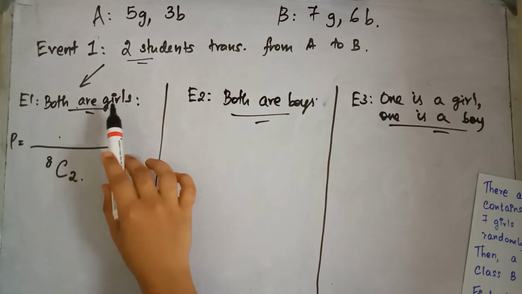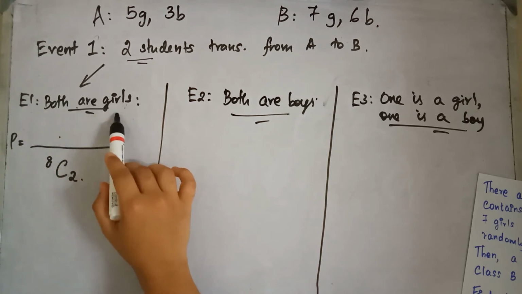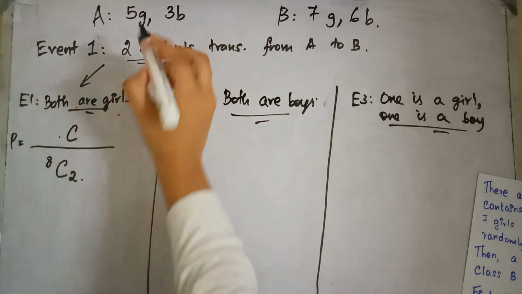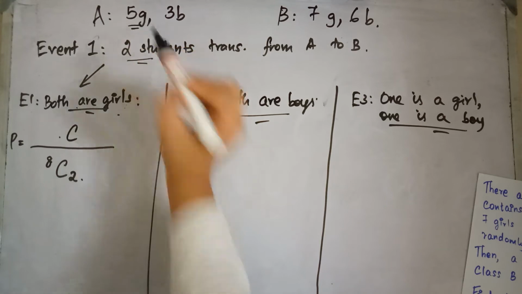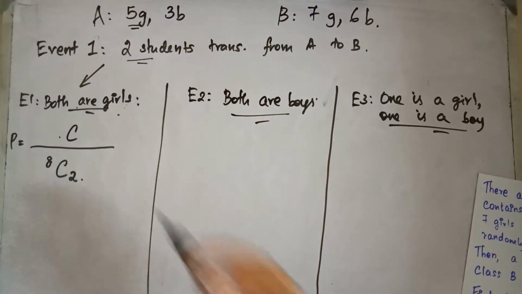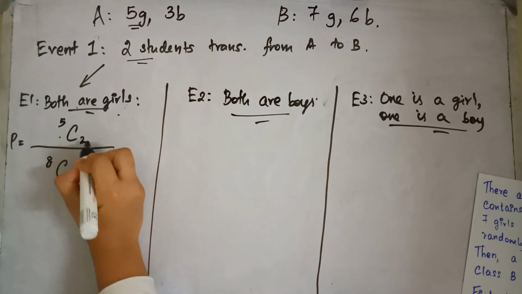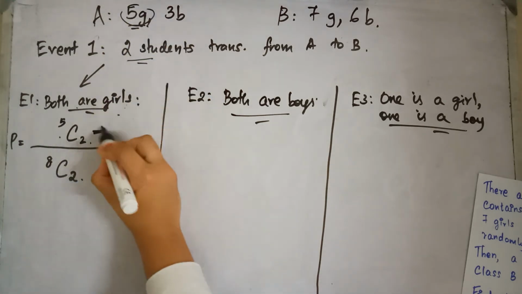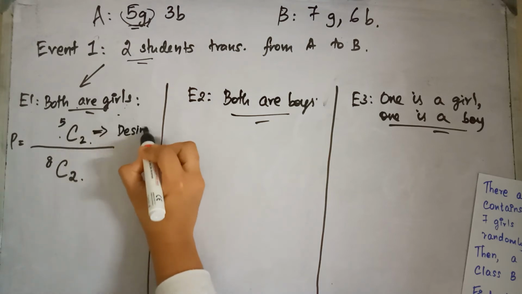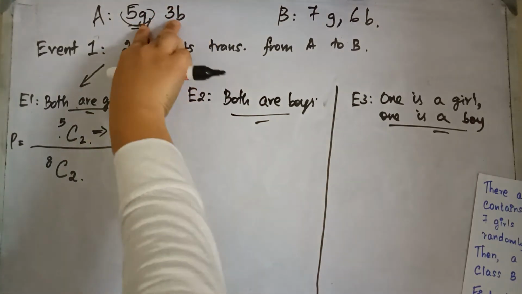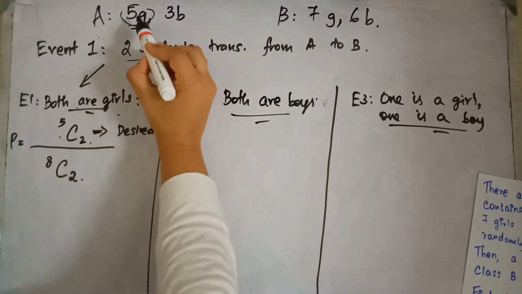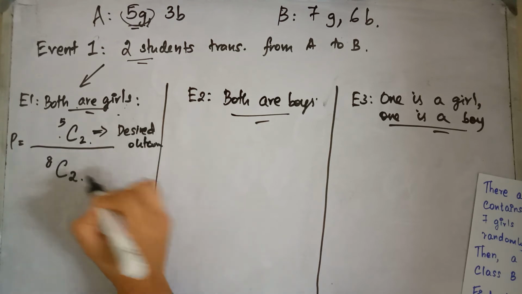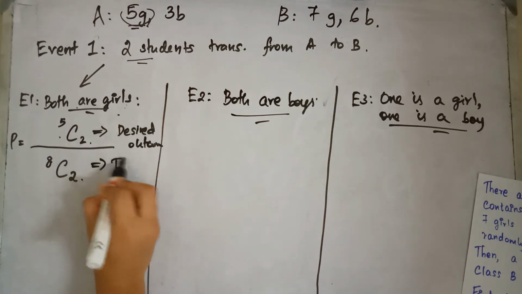So what is the probability that both the students chosen are girls? If both are girls, it has to be chosen from these 5 girls. Right? So from these 5 girls, I have to choose 2. Only if I choose from these 5 will I get a desired outcome. The total number of outcomes is randomly choosing 2 from all 8. But the desired outcome will be when it's chosen from these 5 girls. So this is the desired outcome. This is the total number of outcomes.